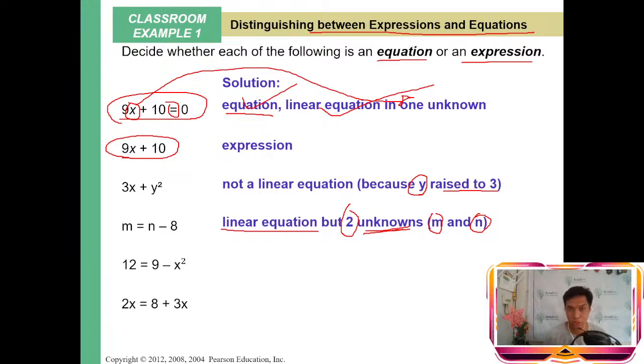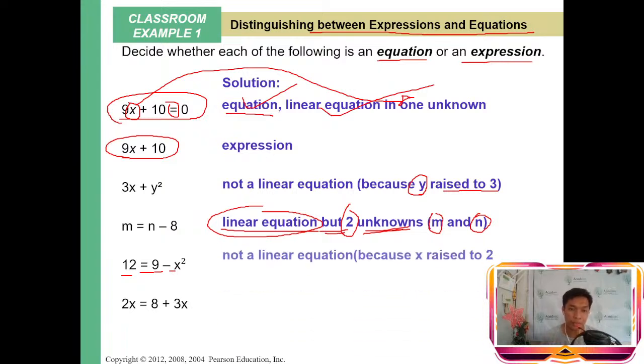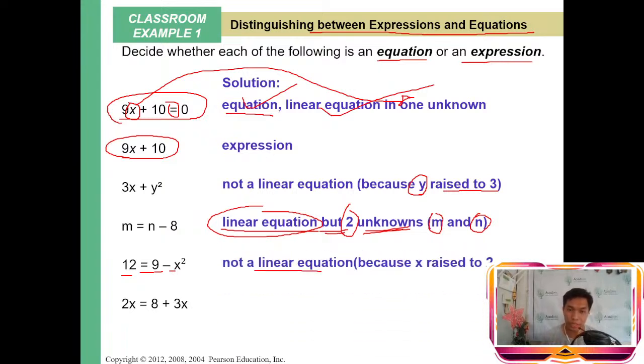So they are linear. How about this one? 12 equals 9 minus x squared. This is not a linear equation because the x is to the power of 2. So they are not.